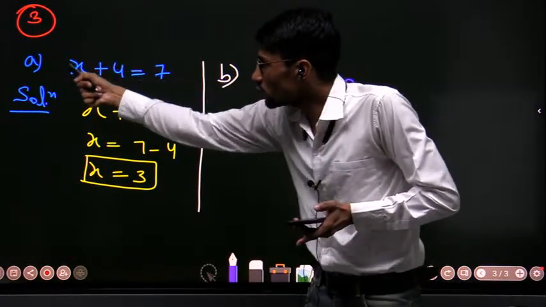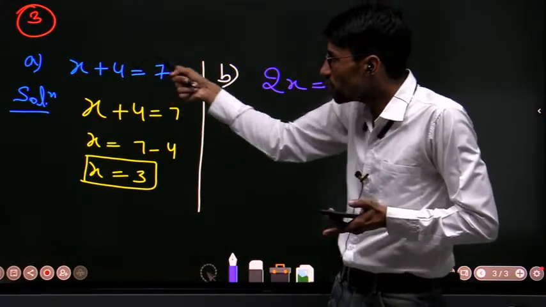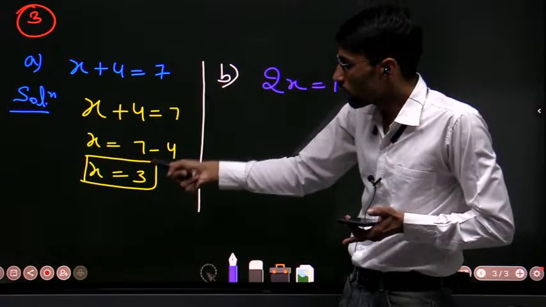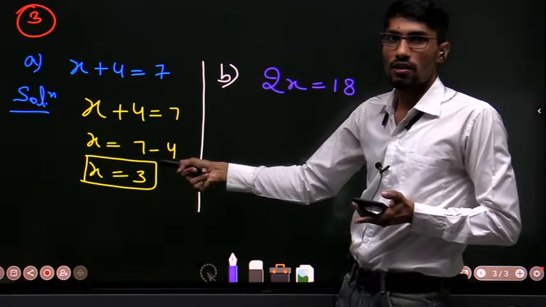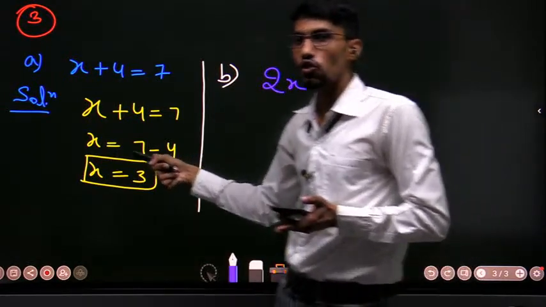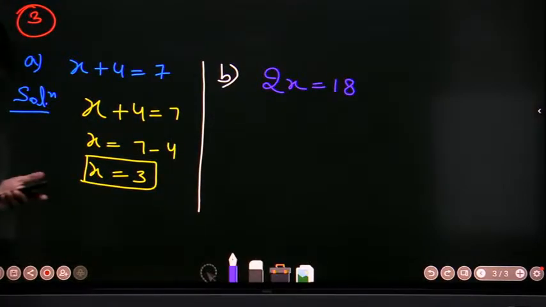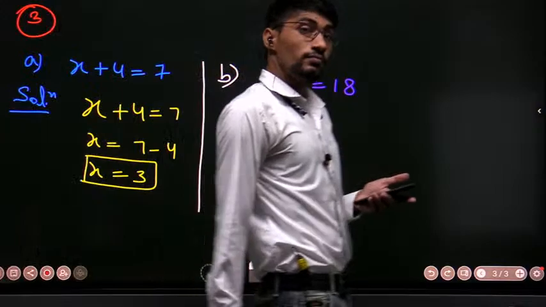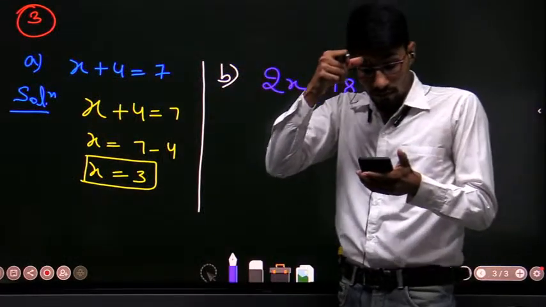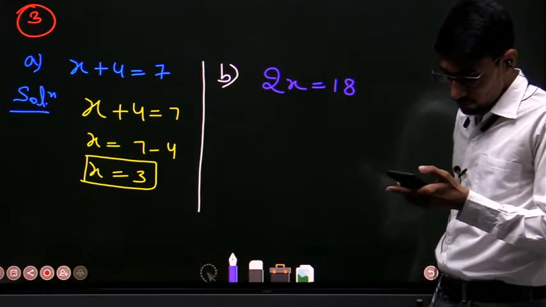So the LHS part is 7, and this is equal to the RHS part. So your answer is correct. Is it clear to all of you? Write in the comment whether it is clear or not.